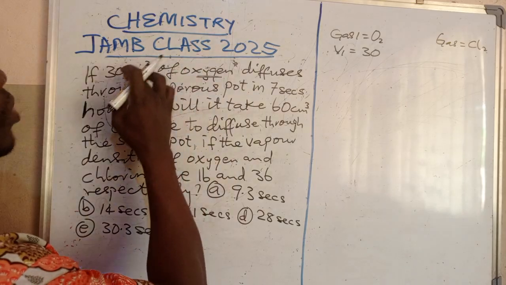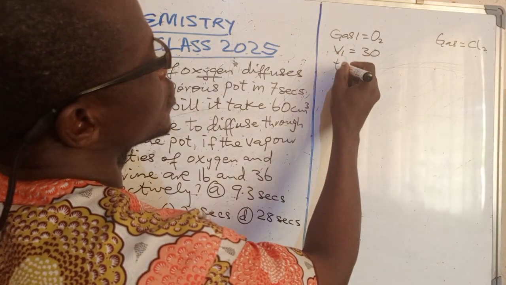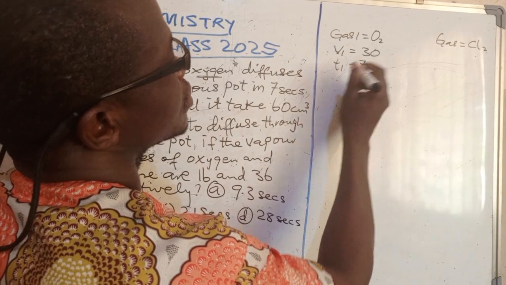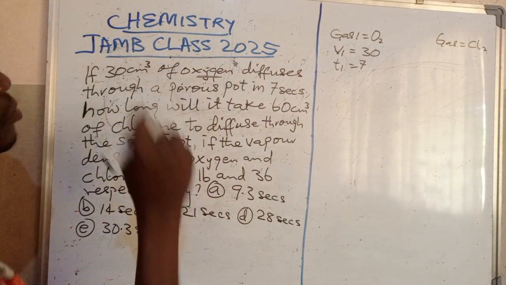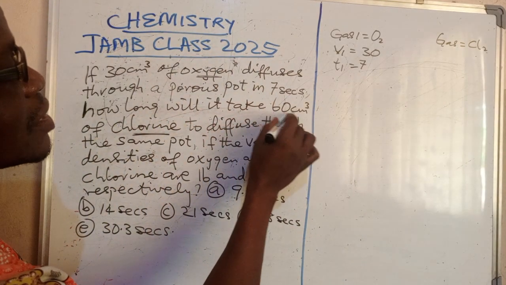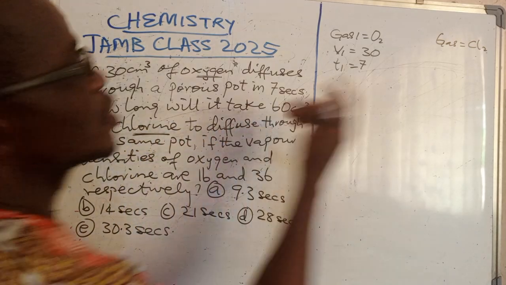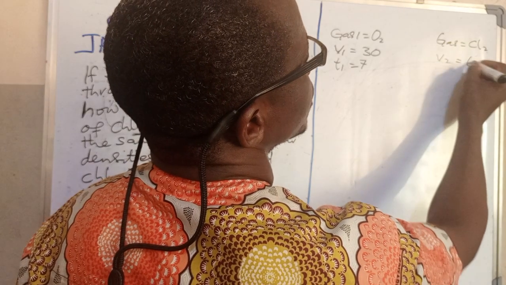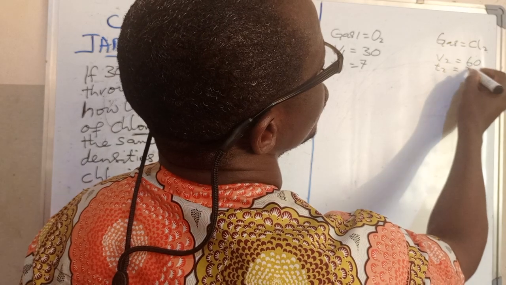That's the time of oxygen to diffuse out, so T1 equals 7 seconds. How long will it take 60 cm cube? That's the volume of chlorine, so V2 is equal to 60. Then T2 is what they are asking for.